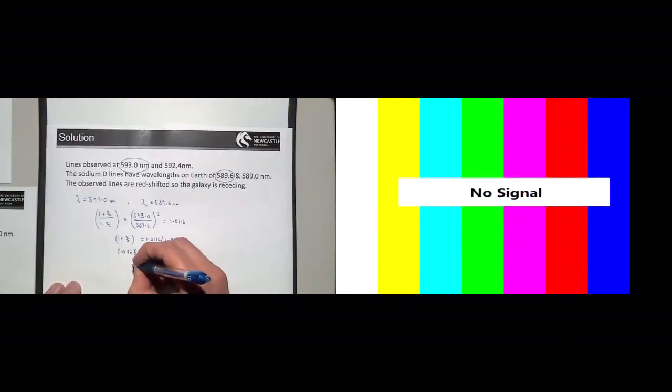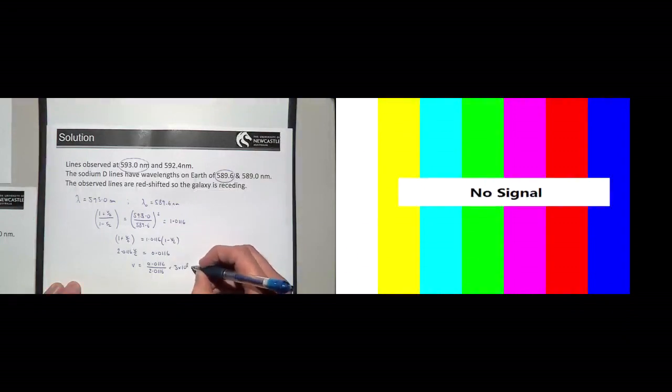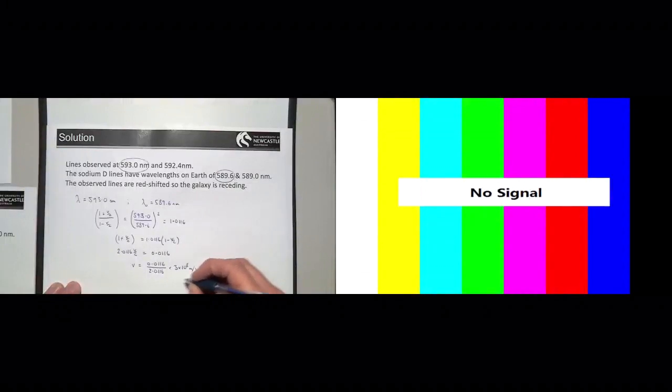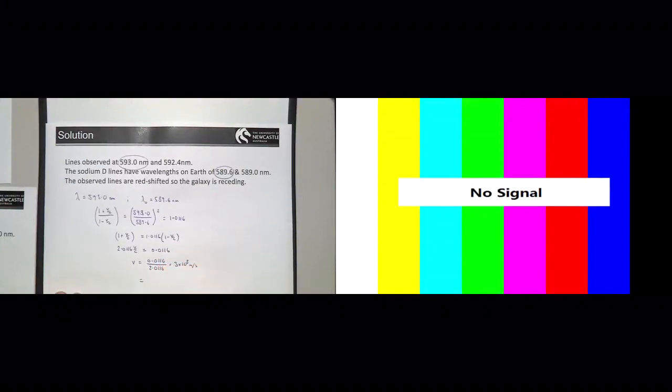And so v then is 0.0116 divided by 2.0116 times the speed of light, which would be 3 times 10 to the 8 meters per second. And the answer, if we convert to kilometers per second, should be 1730 kilometers per second.